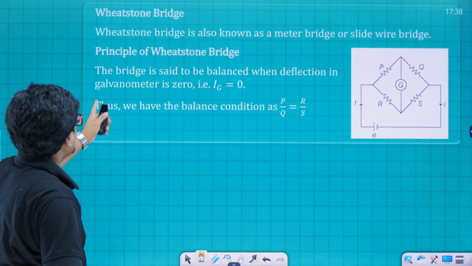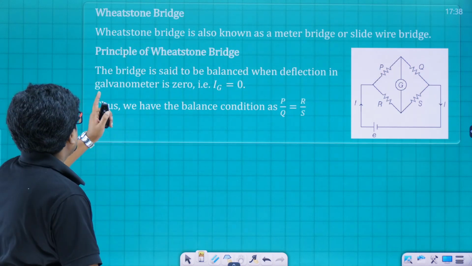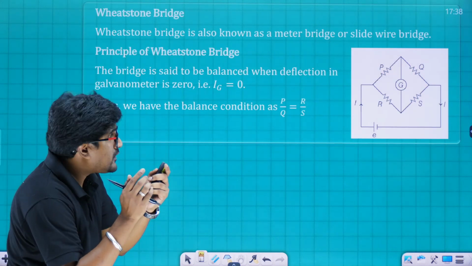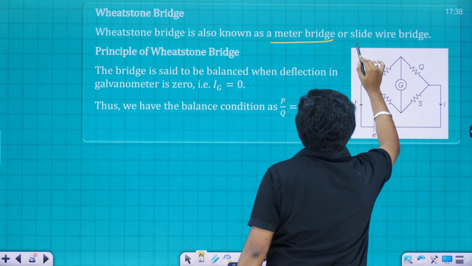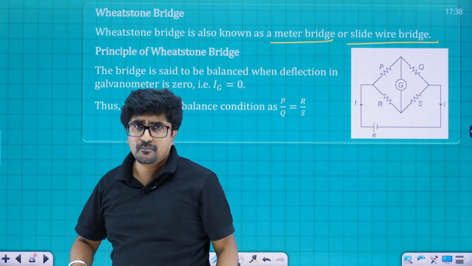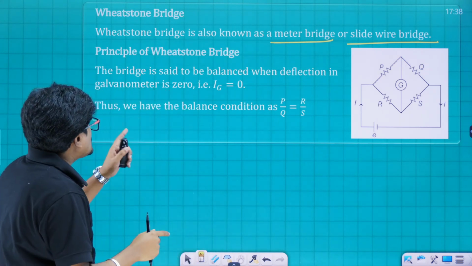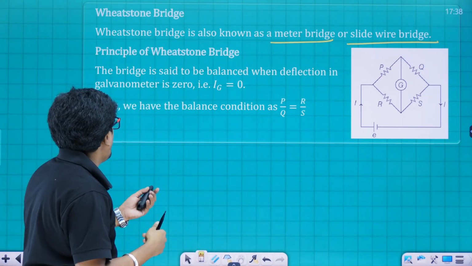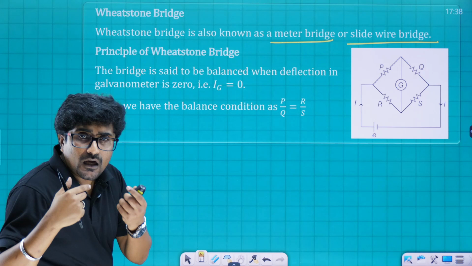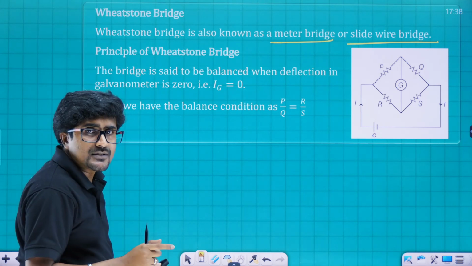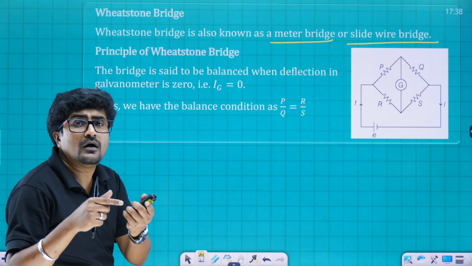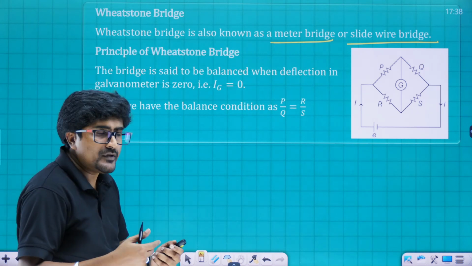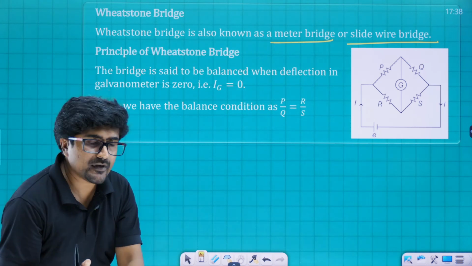All right, moving to the next, that is Wheatstone bridge. It is also known as meter bridge, or slide wire bridge. This particular setup helps us to find the unknown value of resistance of a resistance wire, or a particular electric component which behaves the same as a resistor.